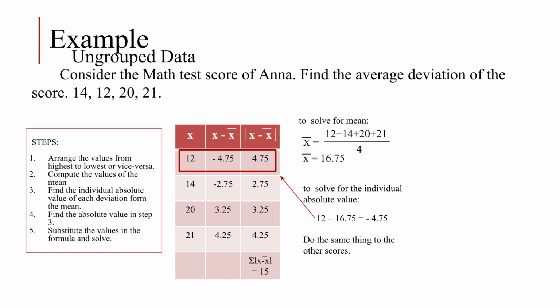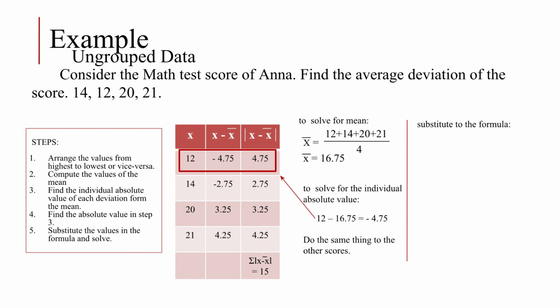Just do the same thing to the other scores. Another one, 20 minus the mean, which is 16.75, get the absolute value, that is 3.25. Okay? Now, just continuously doing that, you will come up with the summation of the absolute value of x minus mean.